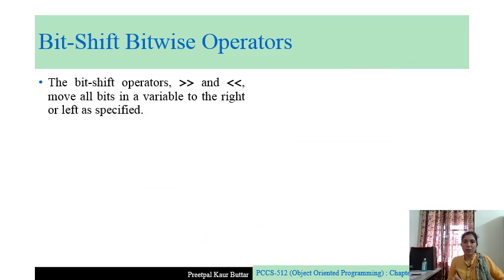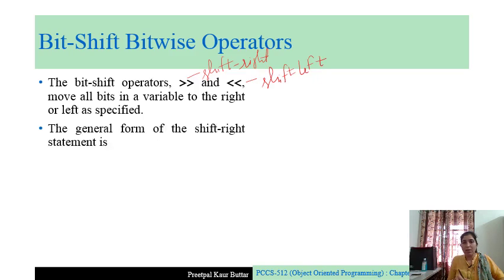The bitwise shift operators move all the bits in a variable to the right or left as specified. So this is the shift right operator, which shifts the values to the right, and this is the shift left operator, which shifts the values to the left.